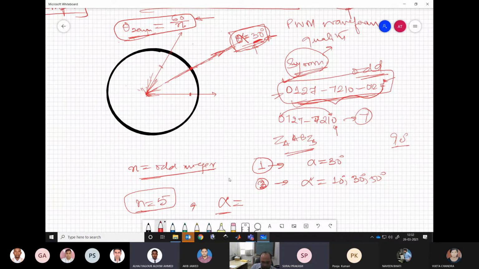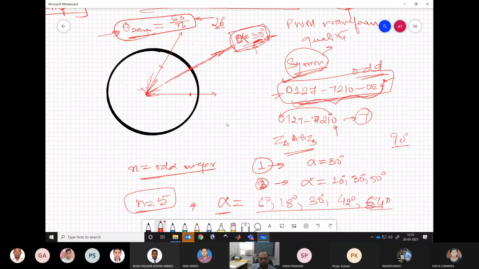6, 18, 30, 48 and 60. One more, not 60. How do you compute? When you have 3 samples, what is your theta sampling? 20 degree.